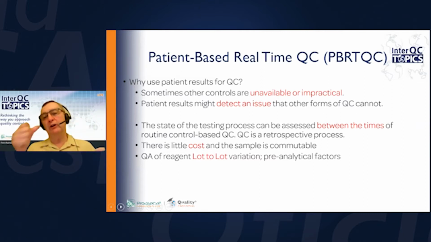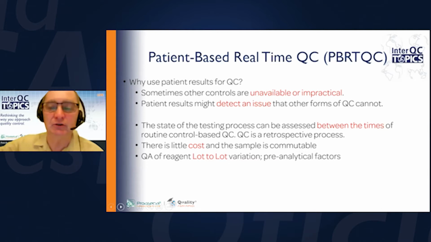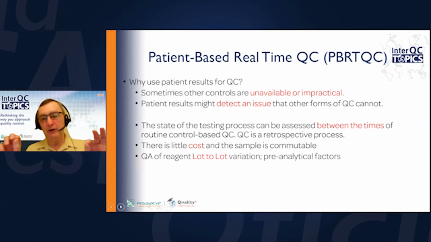So rather than putting in a quality control sample every 800 samples or every 8 hours or once a day, you get a lot more measurements. All your patient measurements, or nearly all of them, can be used in determining the quality control parameter. There's little cost once you've set the system up, because you're not using external quality control material.